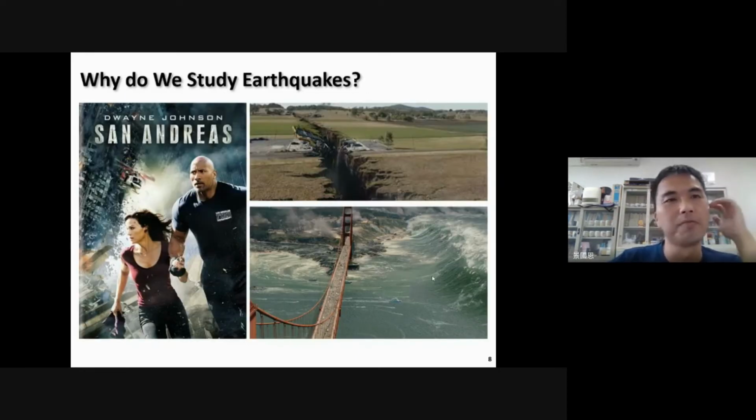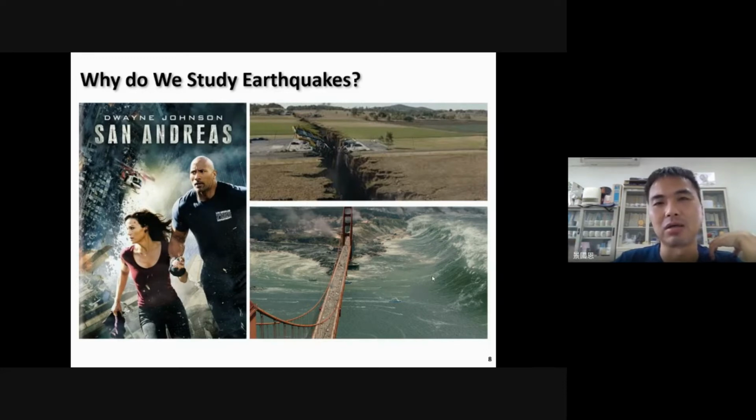Okay, so before we talk about the active faults, we always need to understand the purpose of why we want to monitor the surface deformation related to the active faults using InSAR or other geodetic techniques. The reason is simple, just like what I said.